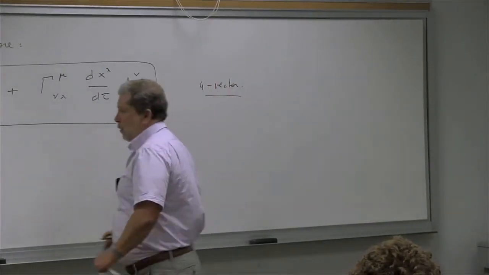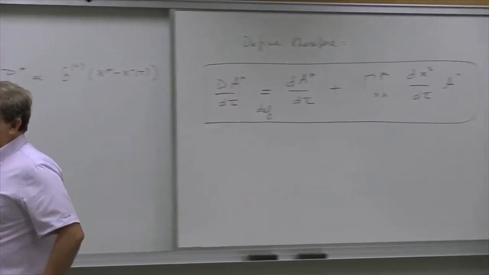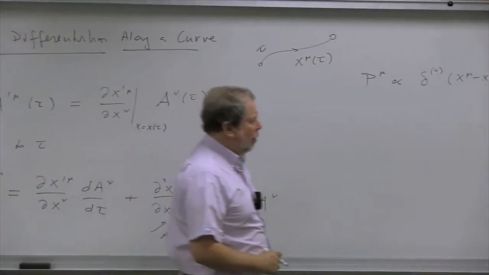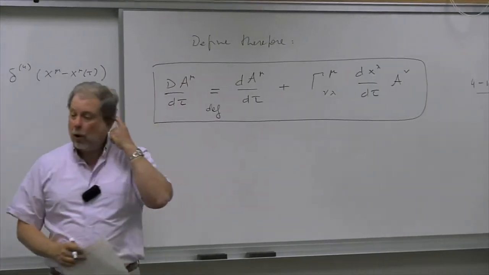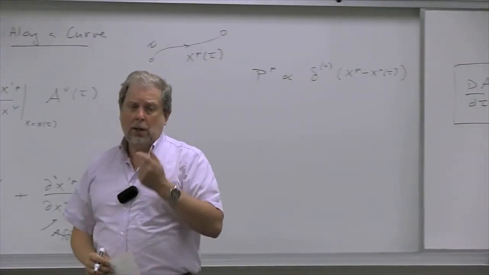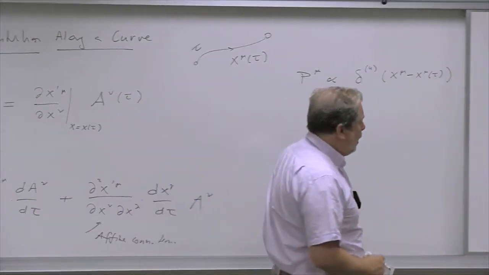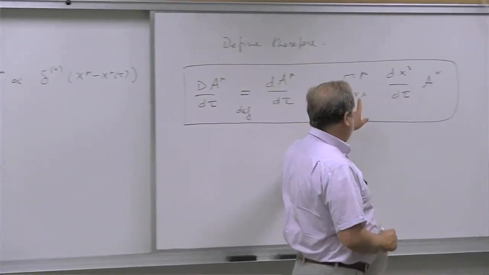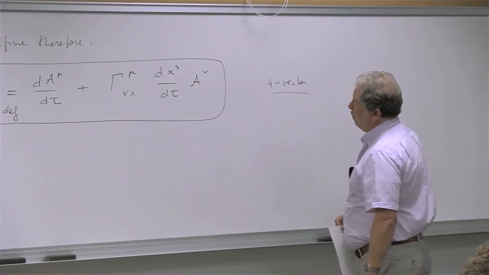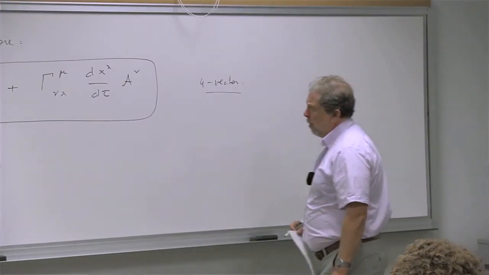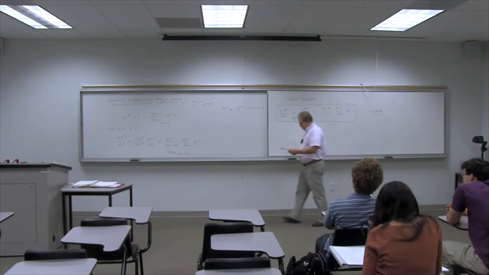So if we define the derivative of a 4-vector as just the ordinary derivative along a path with respect to parameter tau, then that fails again to be a covariant object, right? But if we add an affine connection term with the right indices, then that is a genuine 4-vector, right?